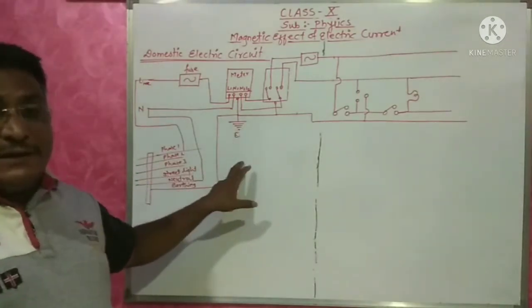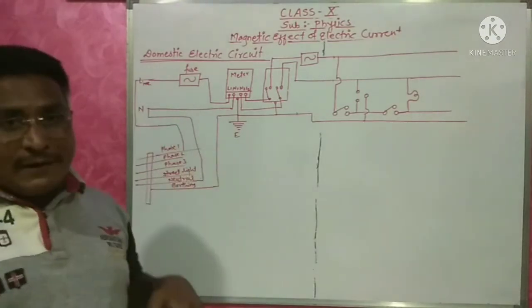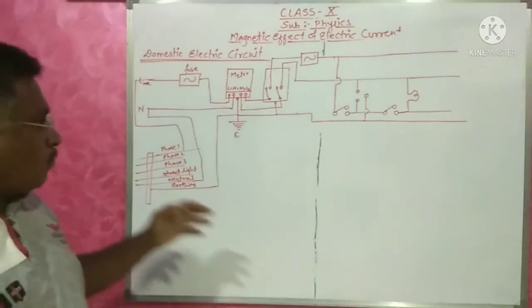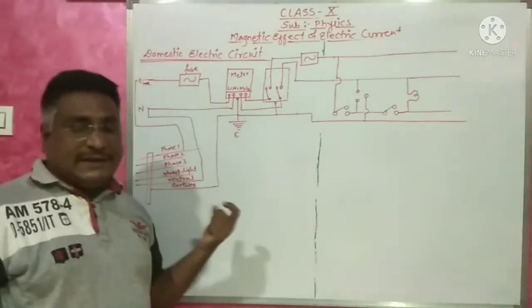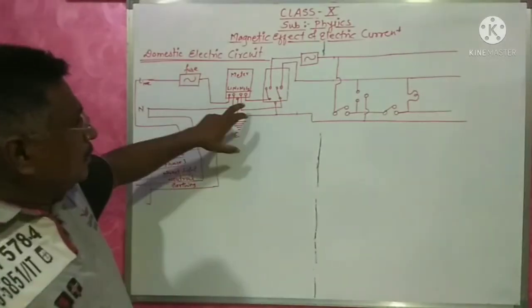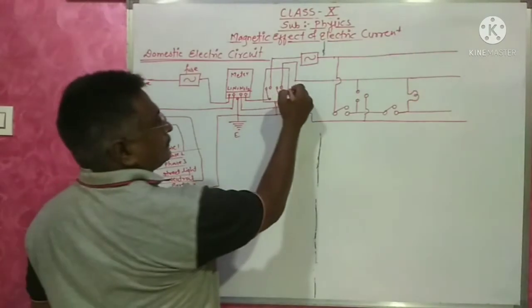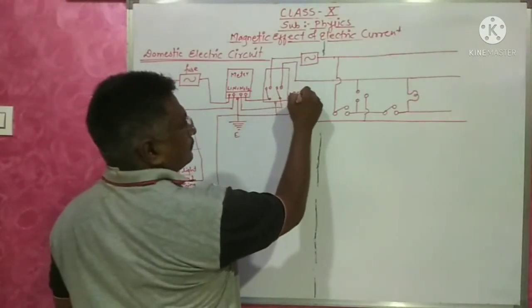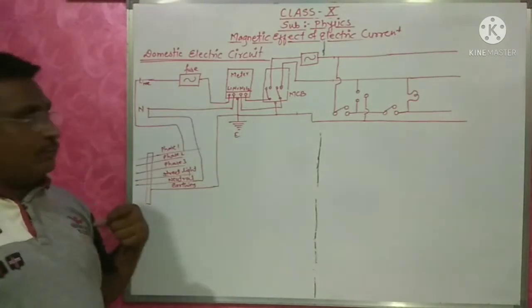The earthing is necessary. What is the use of earthing? I will explain later. This is the earthing; we make copper earthing. See in your home. Now this is the main switch. Before, a main switch was there.